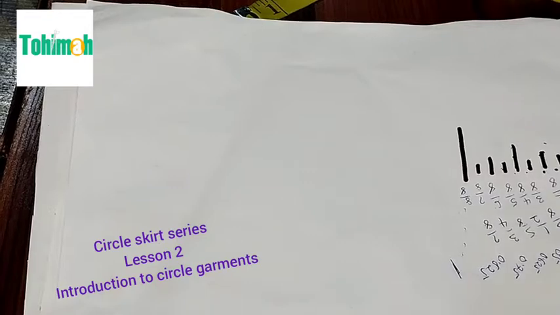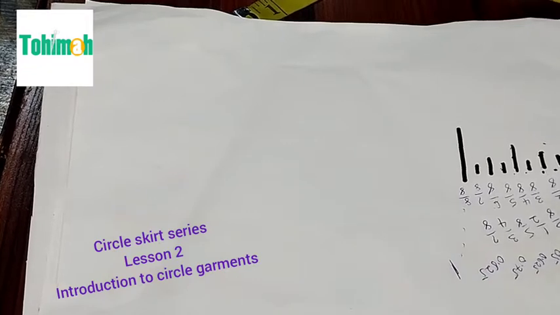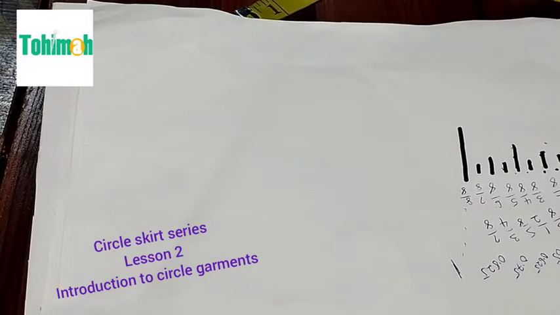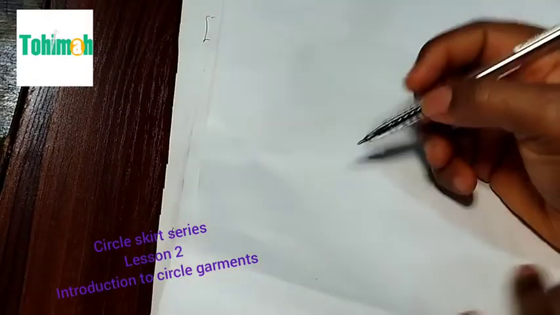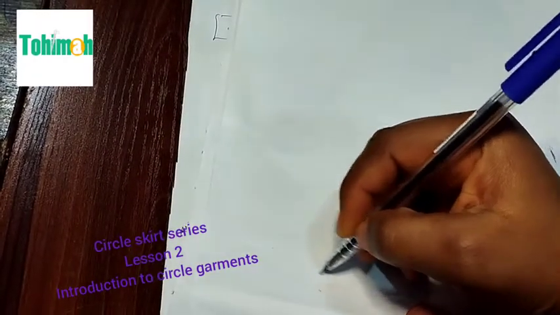So what are circle skirts? A circle skirt is a skirt, or a garment, that gradually flares from the waist, or from wherever the fitting starts, towards the hemline.